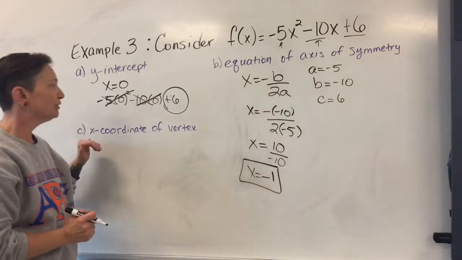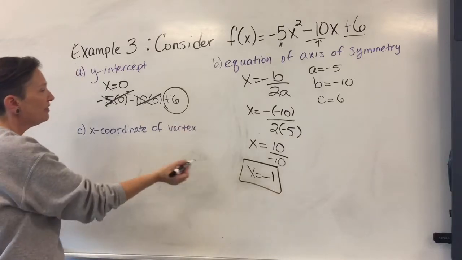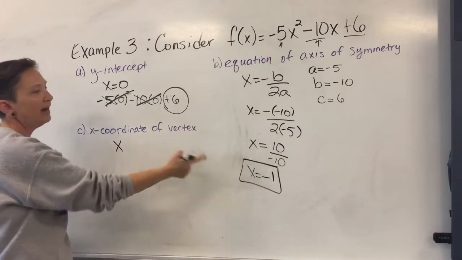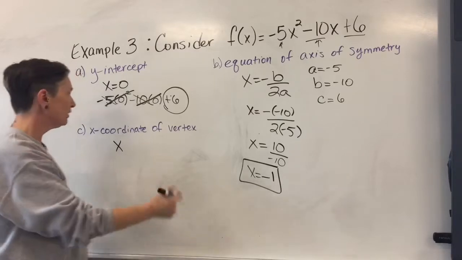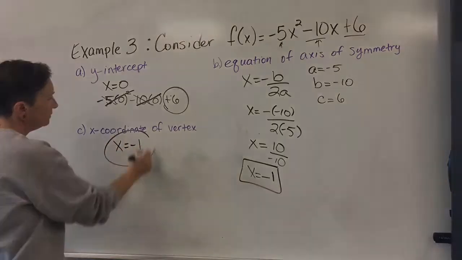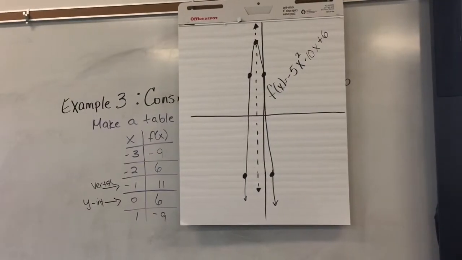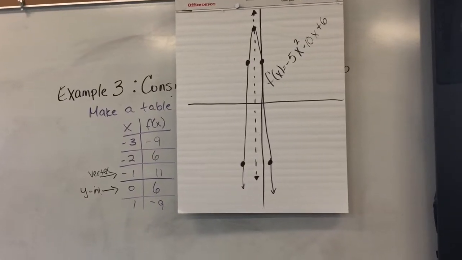Now, as we saw earlier, once we find the axis of symmetry, that x value is the x value for the coordinates. All right, so what we had to do next was make a table of values, including your vertex.